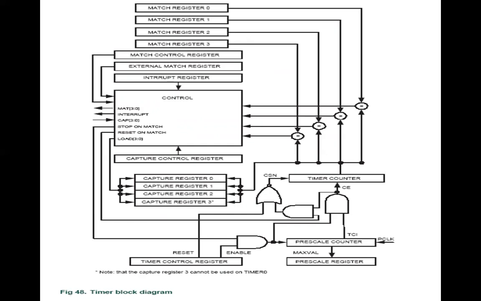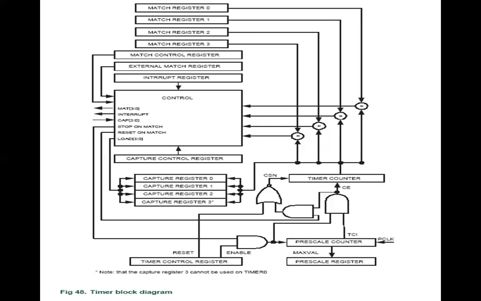Okay, and some logic gates. Okay, they are used for the timer or counter actions. Okay, it is not necessary to remember this diagram. Okay, only from your information's point of view, I have given you such an internal setup of the timer and counter.